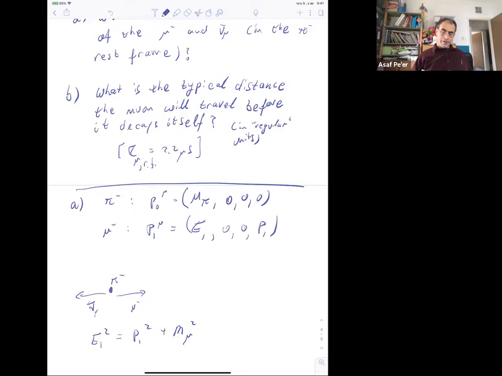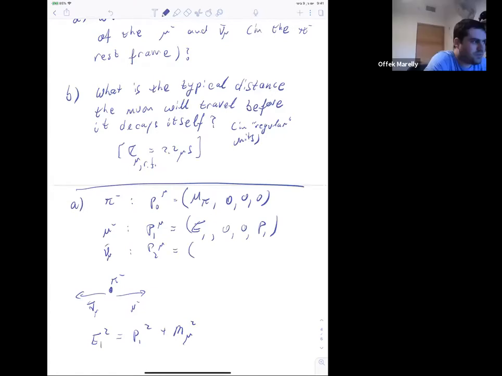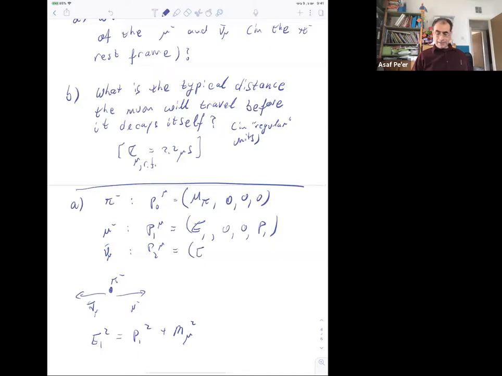What will be the four momentum of the neutrino? The same thing with a minus. Very good. So it has a different energy, because it's in the center of mass.